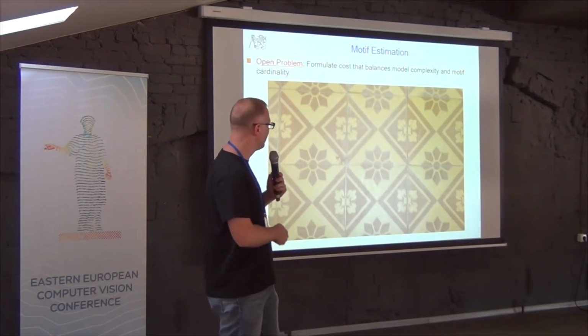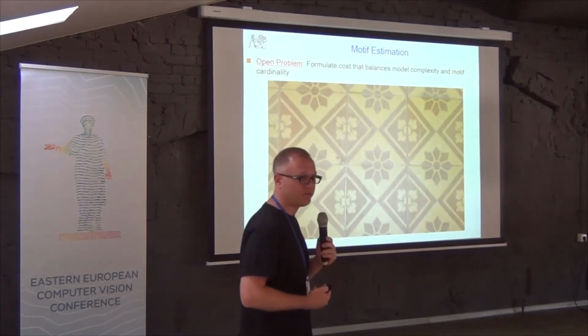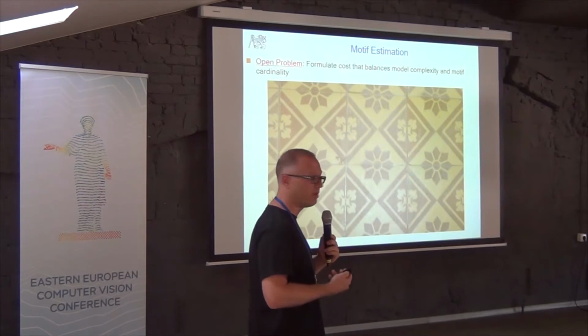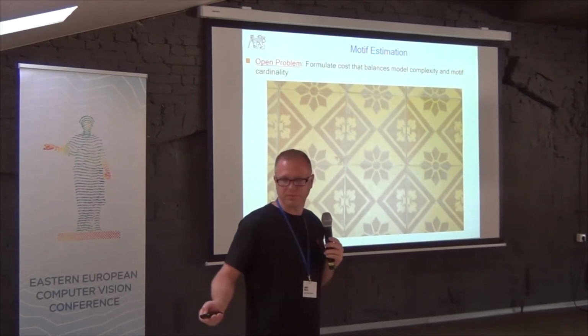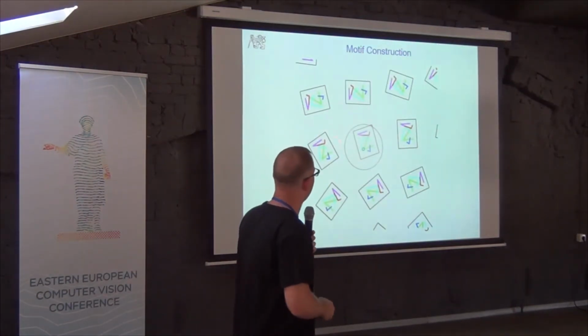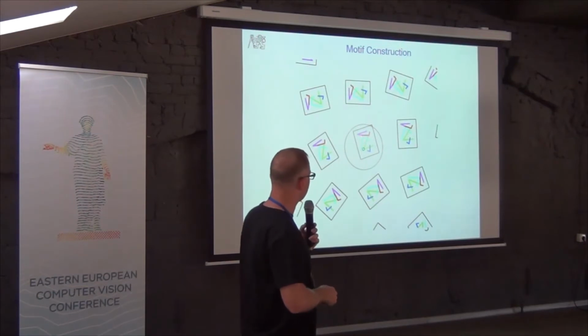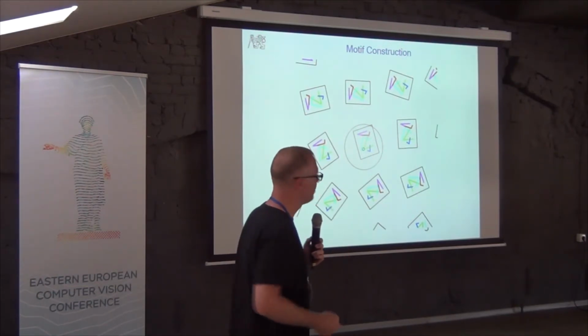That's the challenge. Of course, I didn't solve that problem. I think you can only solve it in an approximate way anyway, but we came up with something reasonable. That's the idea of motif construction: you come up with some stamp that you can use to print the pattern.